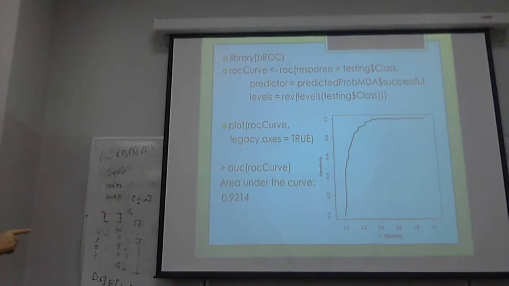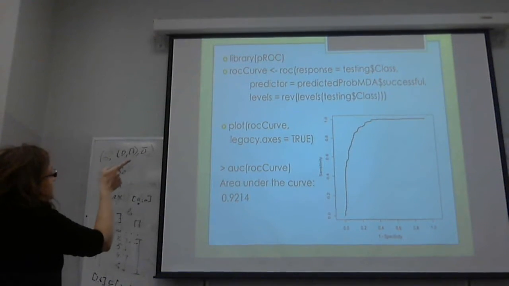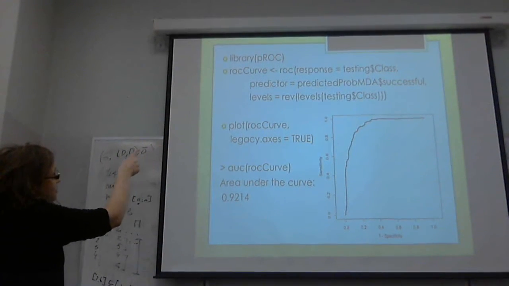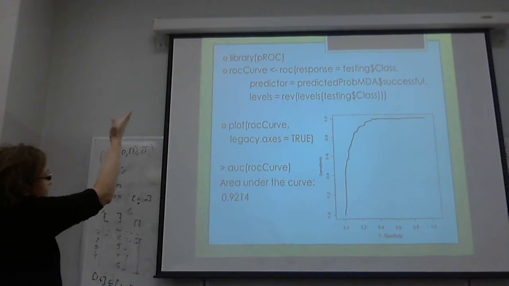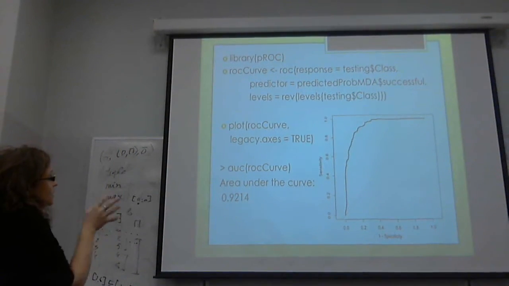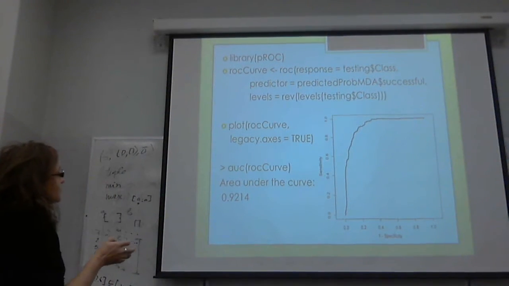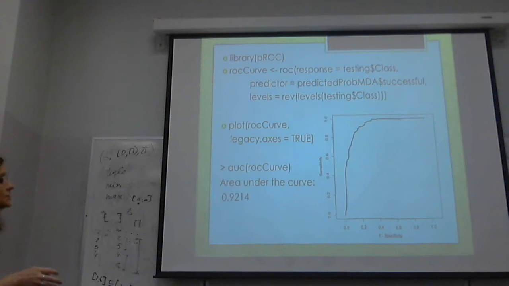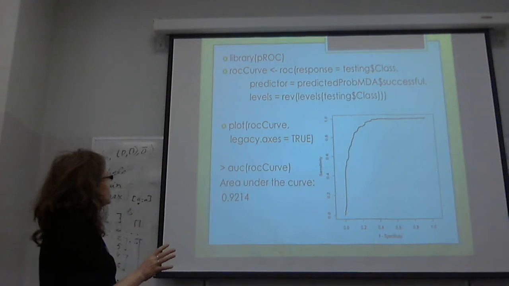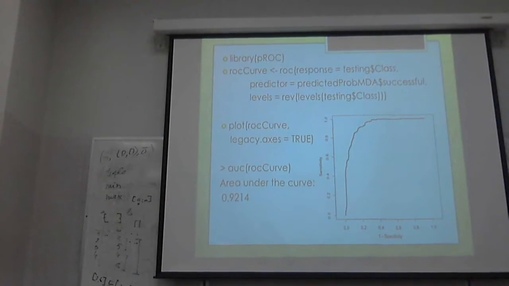That is why we need probability here. These probabilities of being successful go in the second argument, which is the predictor, and the first and third argument is just our class from our test set, which we observe and know, to compare false positives and false negatives.